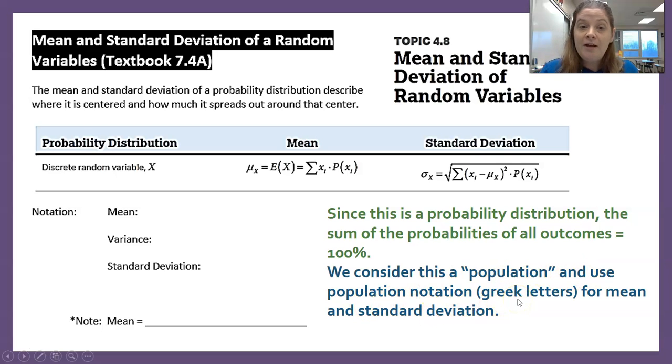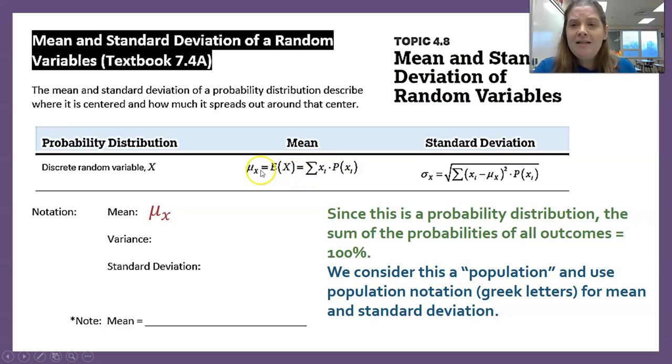So those Greek letters of mu and sigma for our mean and standard deviation. So for mean, we're using this mu of x. Okay, and if the x is not there, that's fine, but this allows us to talk about different variables, like maybe we have mu sub x and mu sub y, or maybe we have mu sub female and mu sub male, and we can keep track of different means and different variables at the same time.